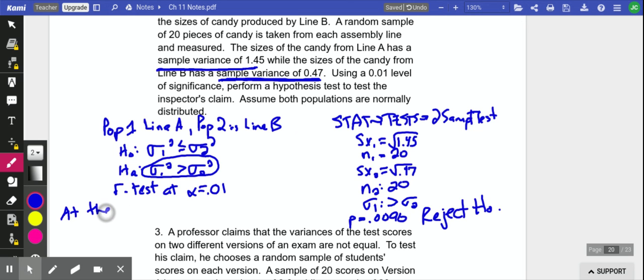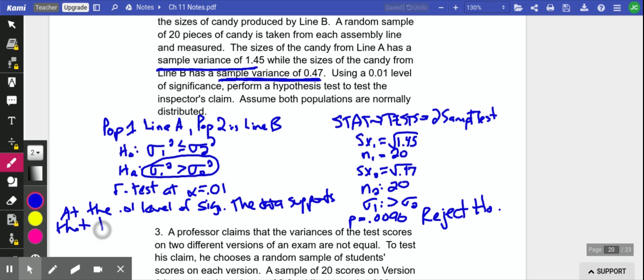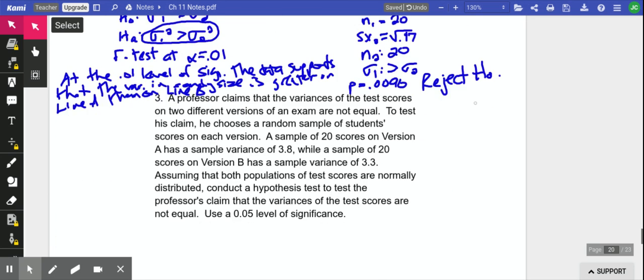So we're going to say at the 0.01 level of significance, the data supports that the variance in candy size is greater on line A than on line B. Okay, so same steps as always, and the calculator does a really great job of getting us through that. So let's check out this last example here.